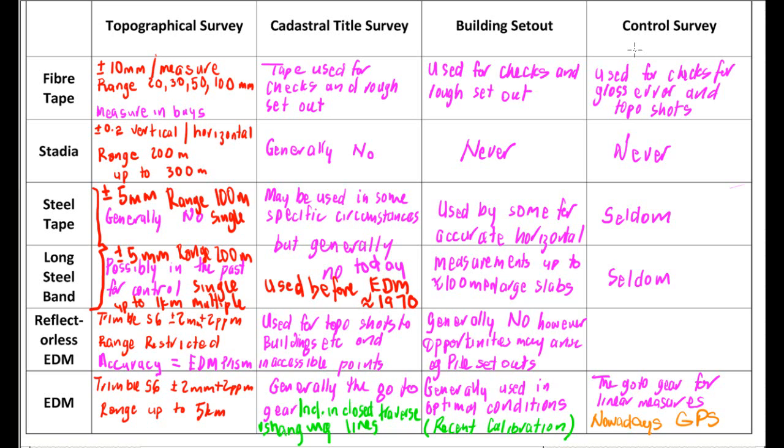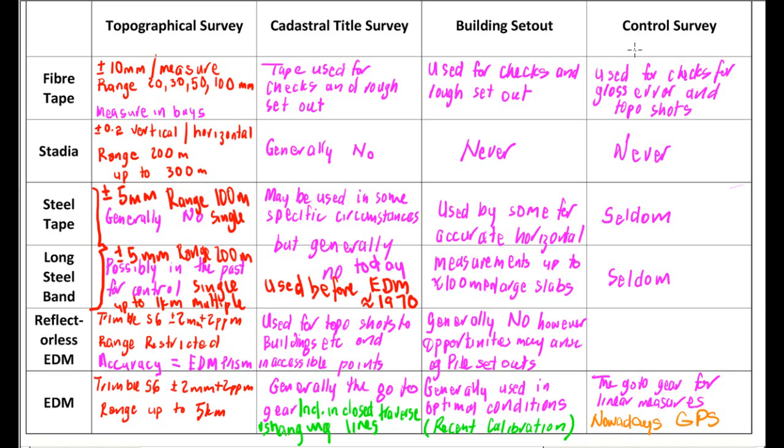For topographical surveying, possibly in the past they were used for the measurement of control for the topographical survey, in particular position control. Definitely in cadastral title surveying, anything before 1970 is generally done probably with a long steel band, and then the EDM started coming into its own in the early 70s.